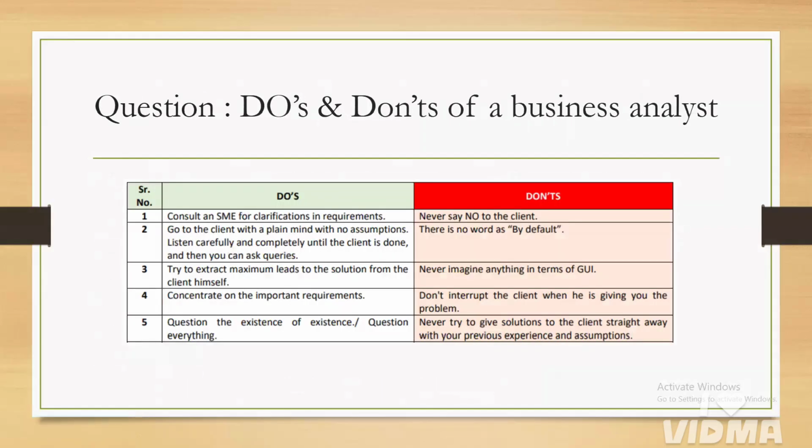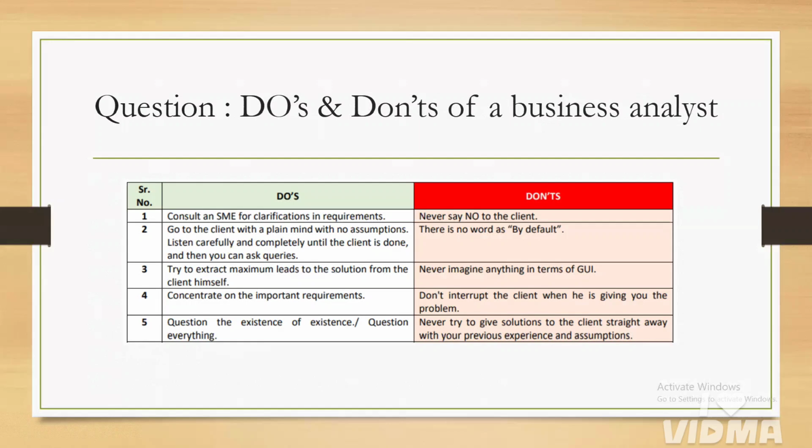The do's are: consult a SME. SMEs are the people who will be guiding us. They are the consulted people, whom we need to consult if we have any doubts.